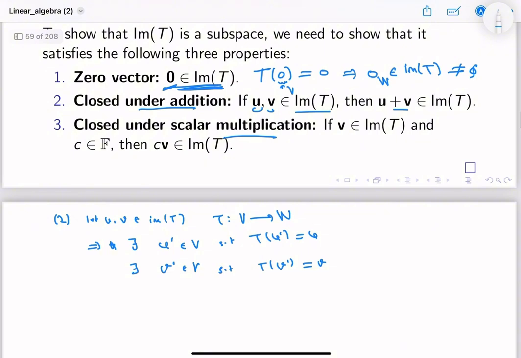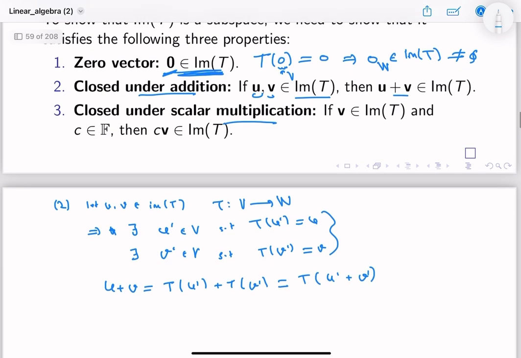This is what we know, and now we want to show that the sum is in the image. What is the sum? The sum u plus v is equal to T of u prime plus T of v prime. But T is a linear transformation, which means we can move the sum inside, and it's going to be T of u prime plus v prime.